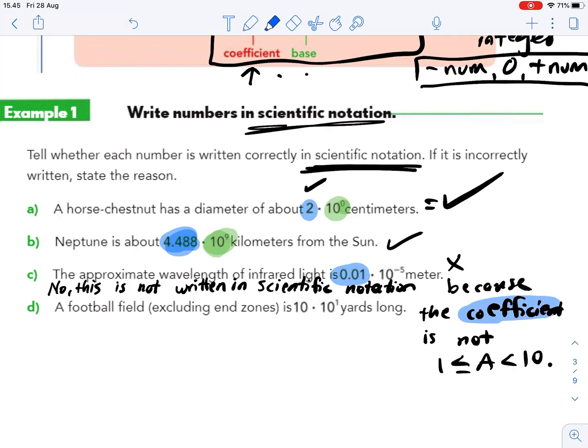All right? Key word there is coefficient, and the coefficient has to be between 1 and 10.